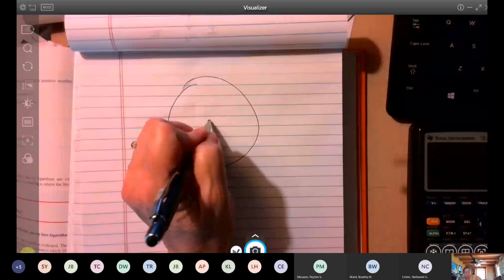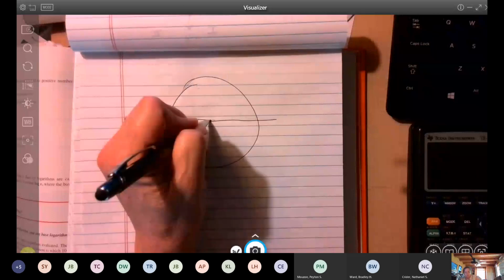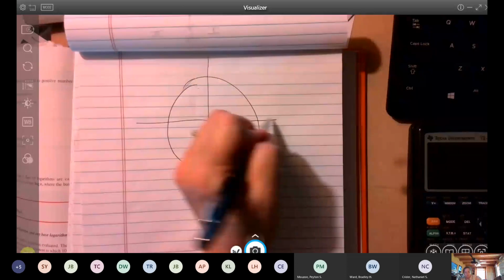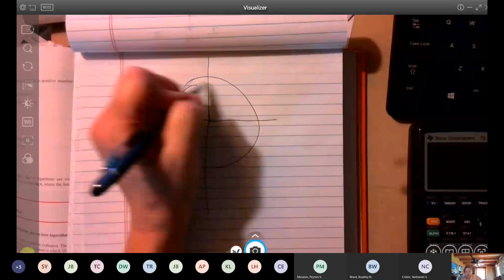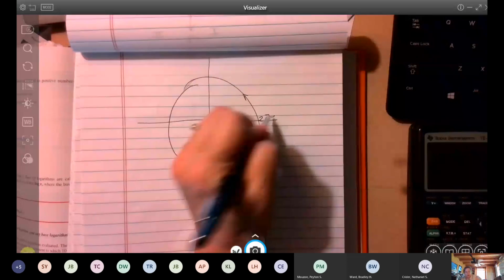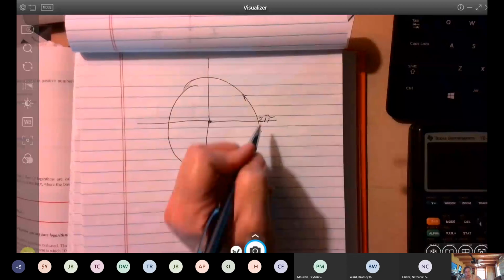Now, I'm going to try to draw a better circle here. Well, not too good. So if I know that if I go around a complete circle, I have gone 2 pi. So I know that 360 degrees is equal to 2 pi.